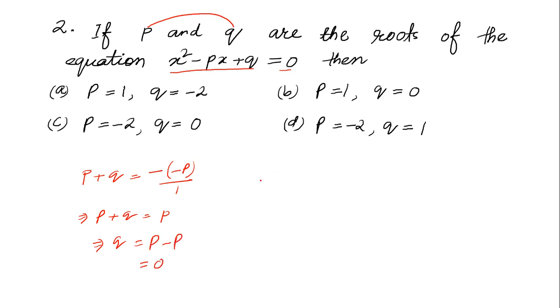Similarly, if p and q are the roots, then pq, that means the product of the roots, is equal to c by a, q by 1. Then q will be cancelled out, so p is equal to 1. Right. So option number B is the correct one, that is p is equal to 1 and q is equal to 0.